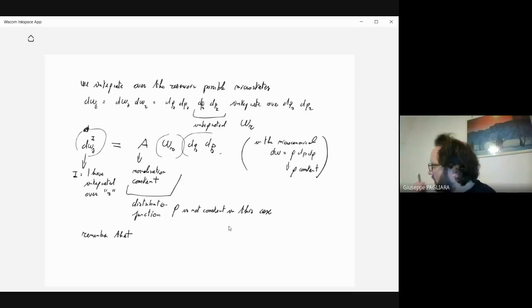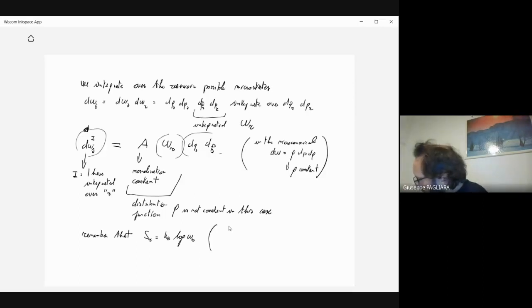Now remember that S of R, the entropy, is Kb, apart from normalization, the logarithm of omega R, because this equation is true if I consider the relation between entropy and the volume of the phase space within the microcanonical context.